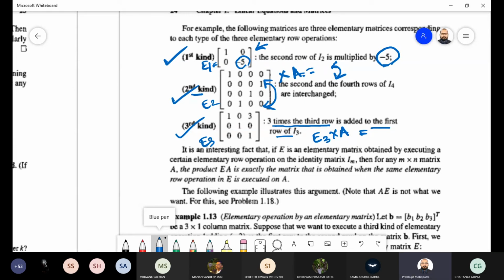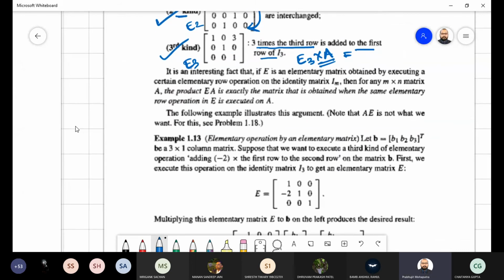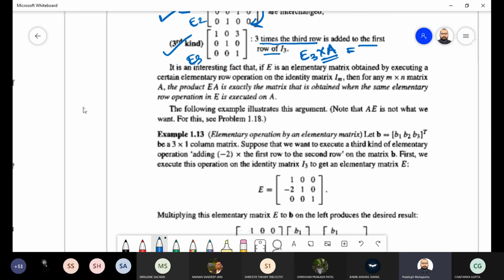The third row has been multiplied with 3 and it is added to row 1. So row 1 will become row 1 plus 3 times row 3, if you are multiplying this elementary matrix. Getting or not? Is it okay to everyone or any doubt, anything?